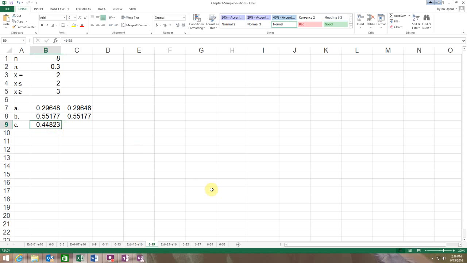So for this particular one, all I have to do is say that this is equal to 1 minus this. I don't know that there's a binomial distribution function that would do the upper cumulative otherwise, so I think we have to use this inverse formula.